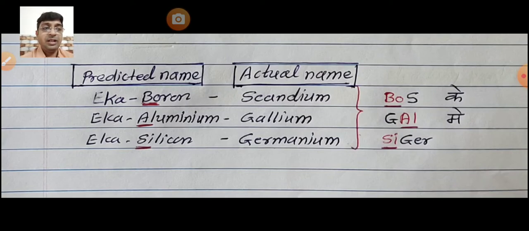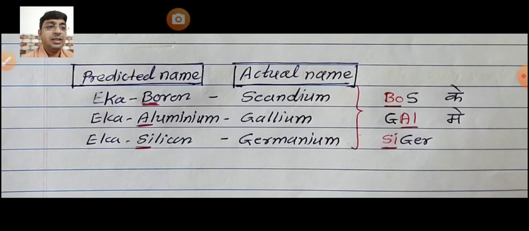So I will find out the short forms. First pair is BOSS. The red pen means predicted name, and the blue pen symbol indicates the actual name. So BOSS means Eka boron, and its correct name starts with Sc, that is scandium.